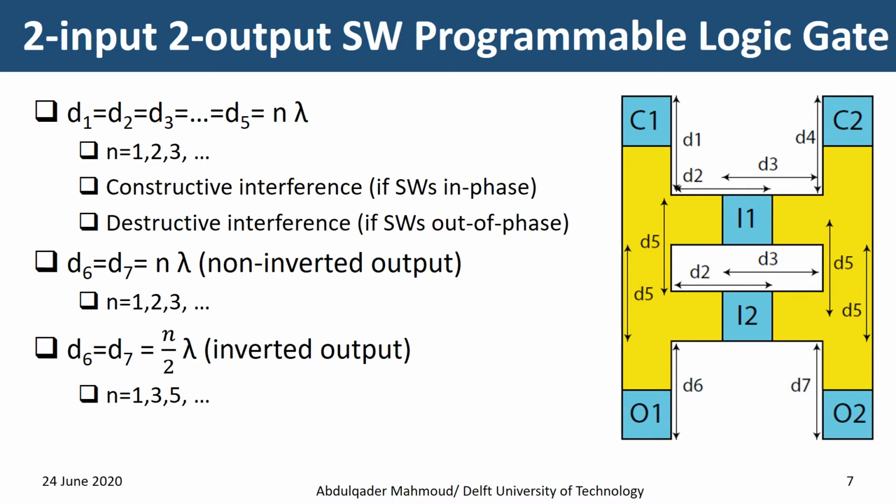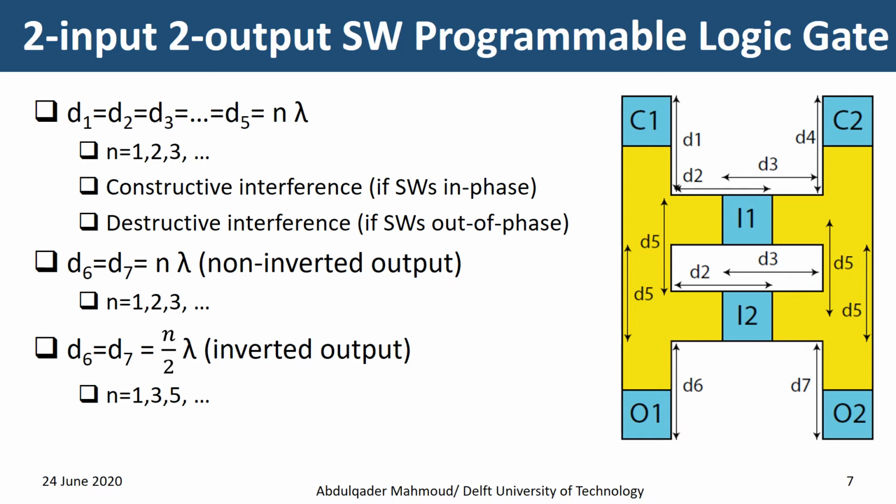To explain the operation principle, we will take the left arm as an example. The spin wave will be excited at all inputs at the same time with the same amplitude and frequency, and they will propagate in both directions, horizontally and vertically from the control.